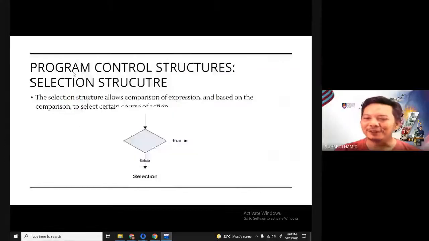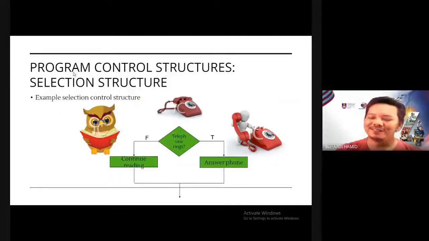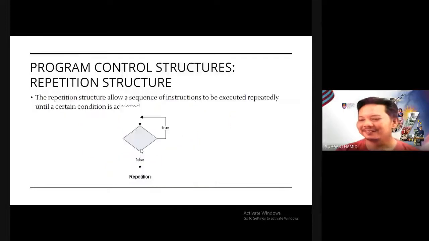Now move along. That was the selection control structure. This is just an example. Telephone rings, true, answer the phone. False, continue reading in this case. Now, let's have a look at the next control structure.